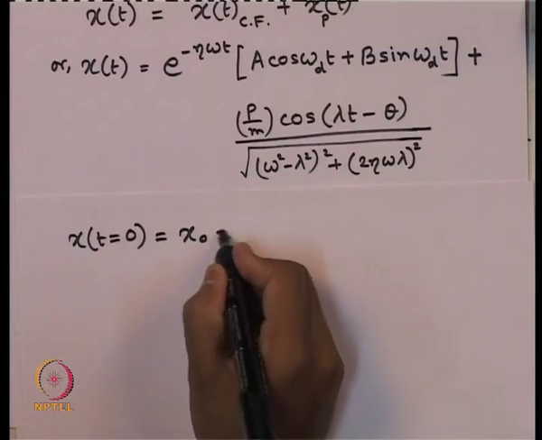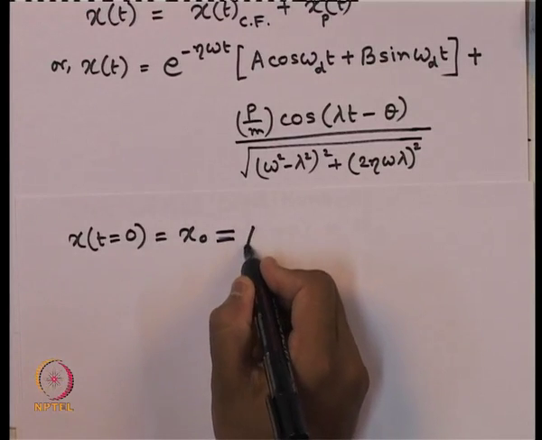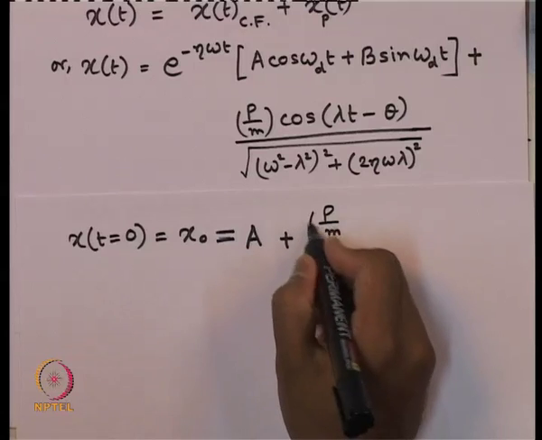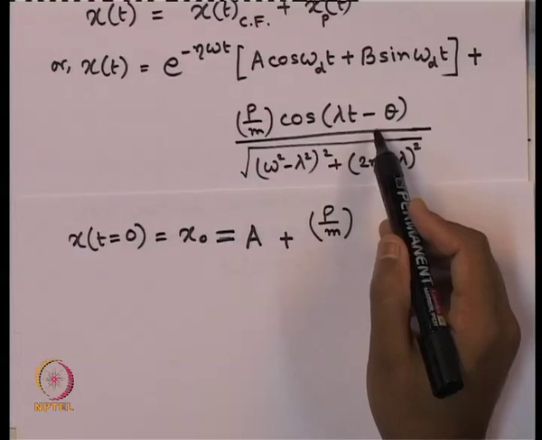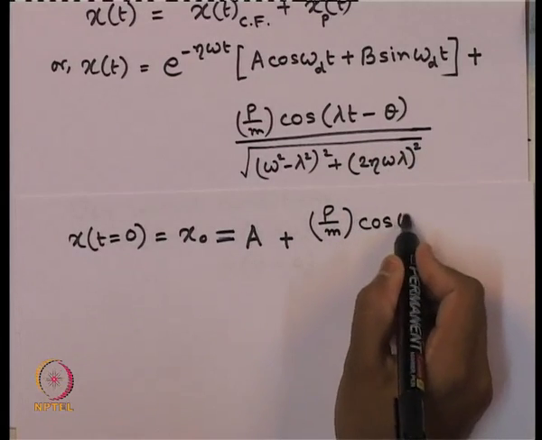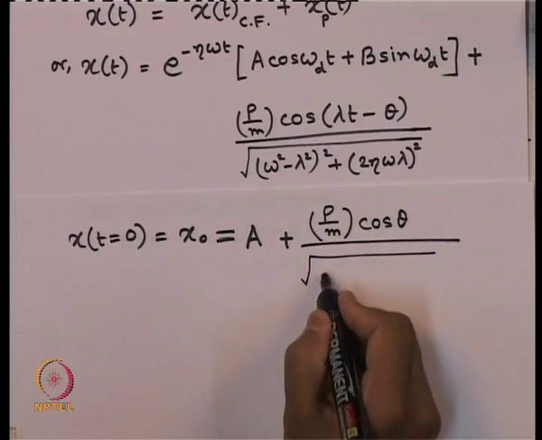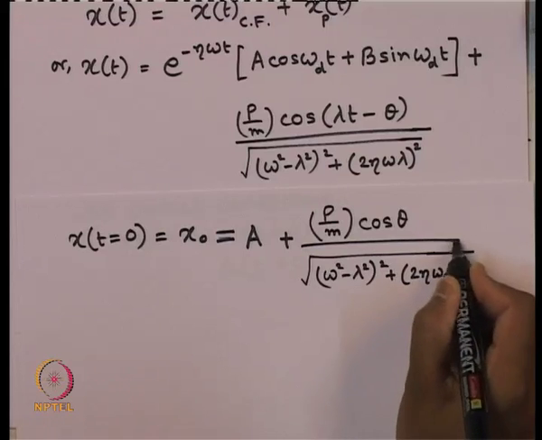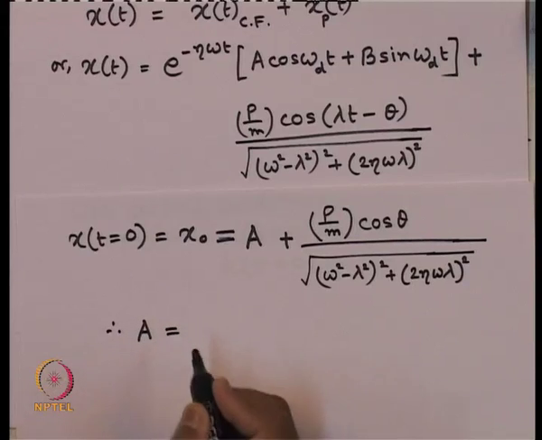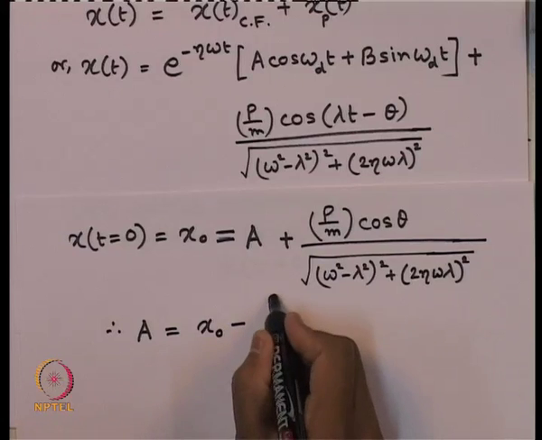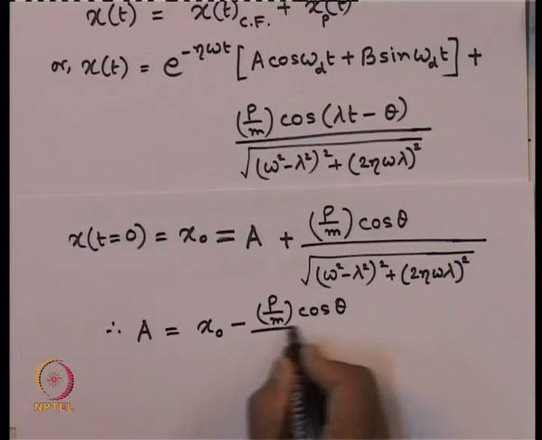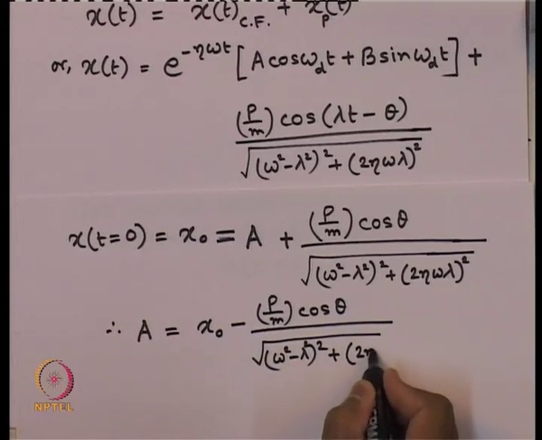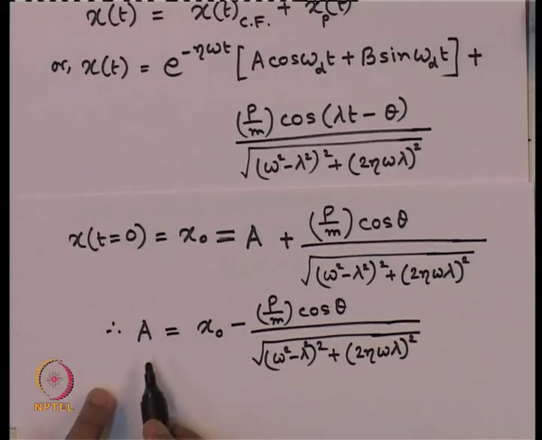From the first term we are getting a, and from the second one we are getting p by m, with t equals 0, so cosine of minus theta is cos theta, so cos theta by root over omega square minus lambda square whole square plus 2 eta omega lambda whole square. Therefore, the coefficient A is equal to x naught minus p by m cos theta by root over omega square minus lambda square whole square plus 2 eta omega lambda whole square. So, that is the value of A.